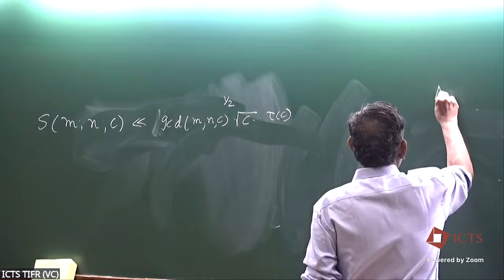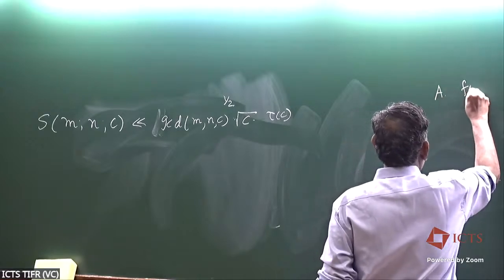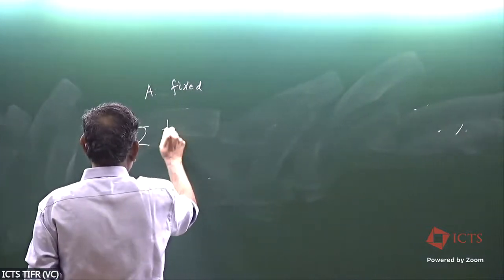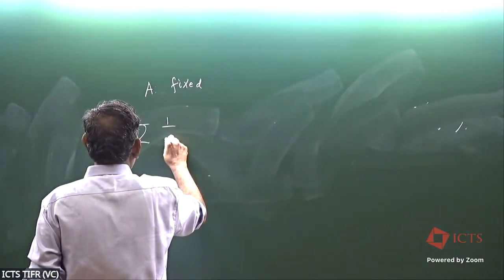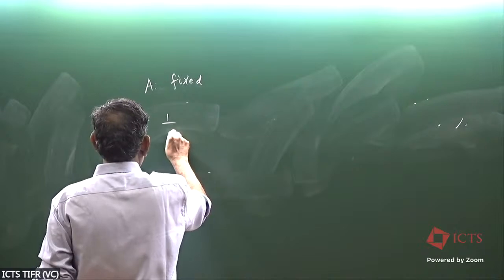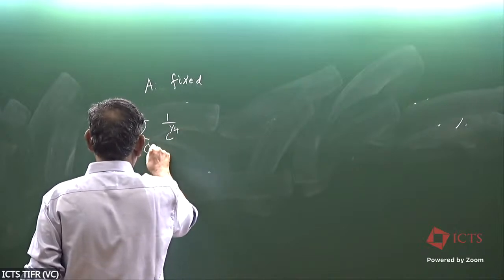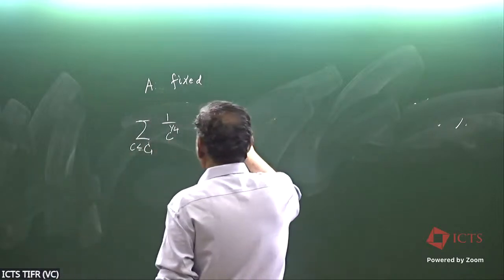Let A be a given, fixed number. This is a simple example. Let me look at the sum of 1 over c power 1/4, c less than or equal to C. I will always use this notation.